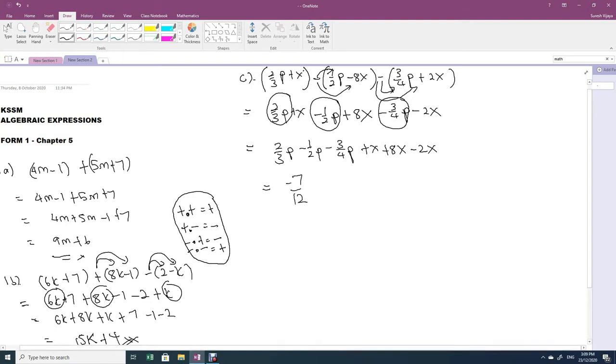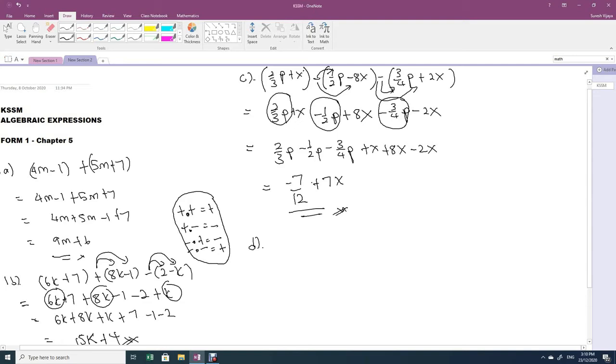So you get minus 7 over 12p, plus 9x minus 2x becomes 7x. So this is the answer.